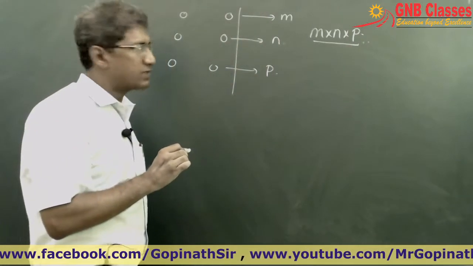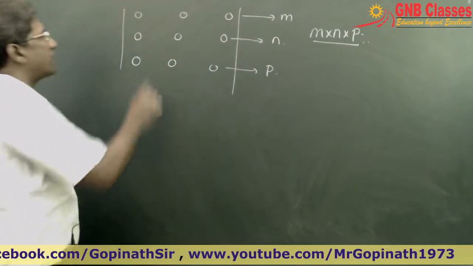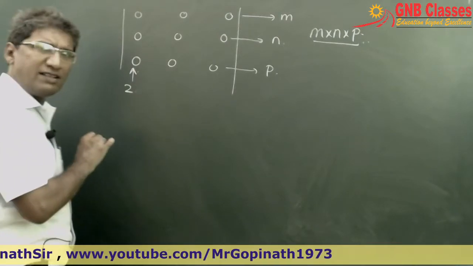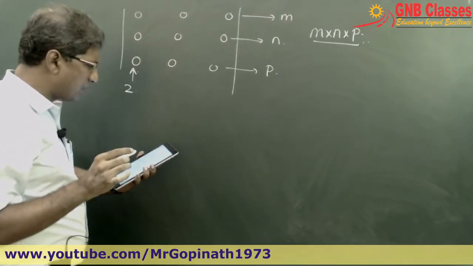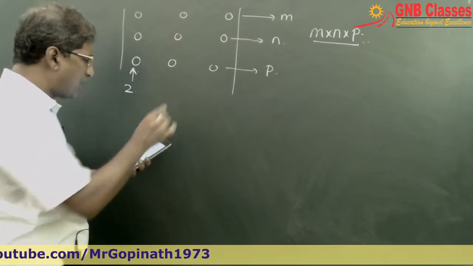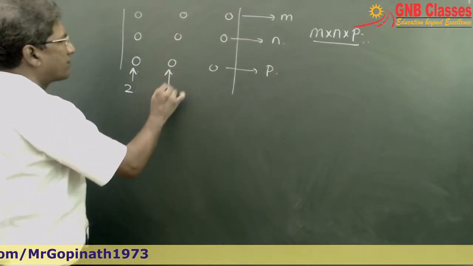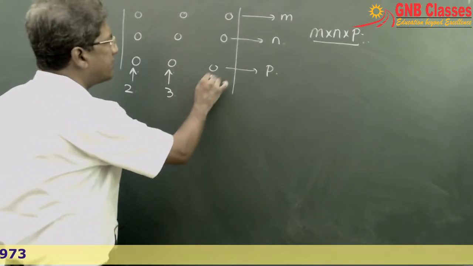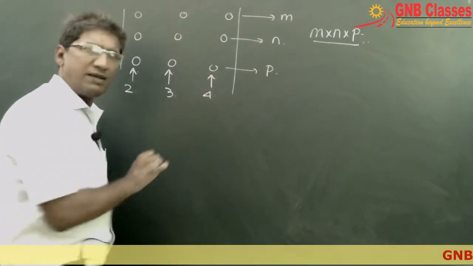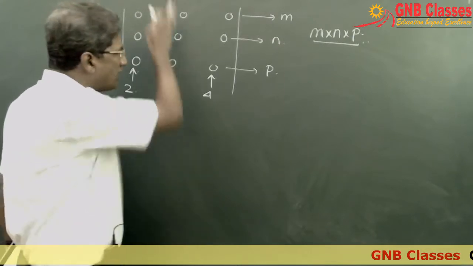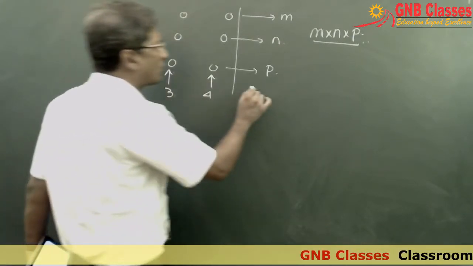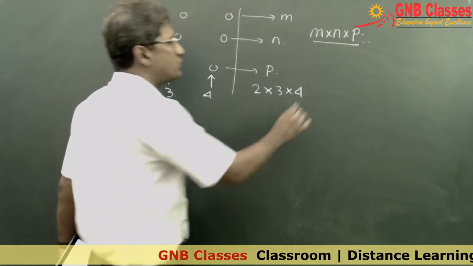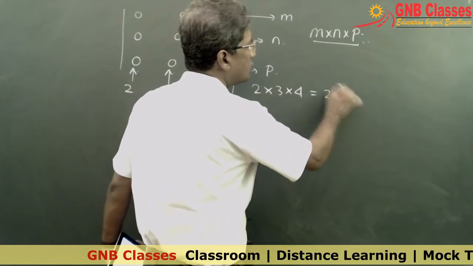Have you understood this? Now, in this question, they have said that the first column consists of the sum of two elements, each element of the second column consists of three elements, and the third column consists of the sum of four elements. Therefore, if you decompose this determinant, we are going to get the total number of determinants as 2 into 3 into 4, which is nothing but 24.